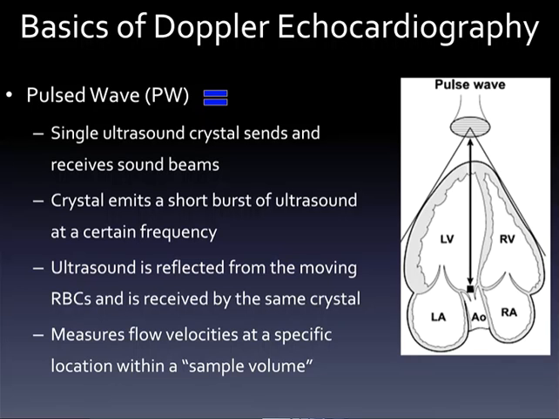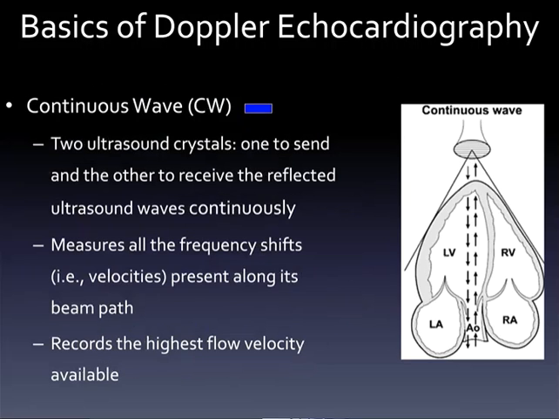Now, continuous wave is two ultrasound crystals, one to send and the other to receive, and they're both working simultaneously. So it measures all the frequency shifts along that trajectory, which is important in terms of registering the highest flow velocity.